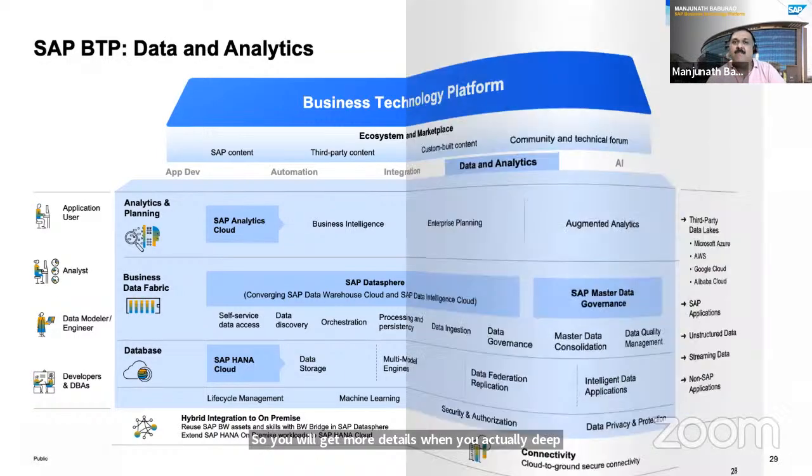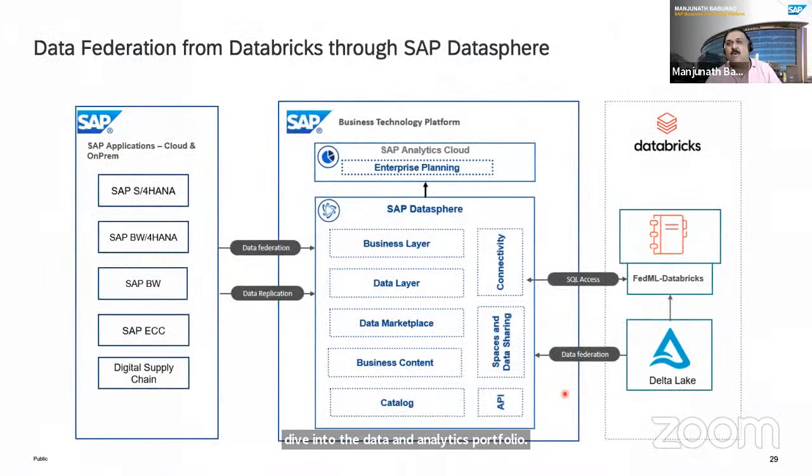But a very common use case that we are now finding in the data and analytics portfolio of the SAP Business Technology Platform is what you see here as a data federation to third parties, right? It is a given that very few of our customers, including many of you who are on the call here, are pure play SAP houses, right?